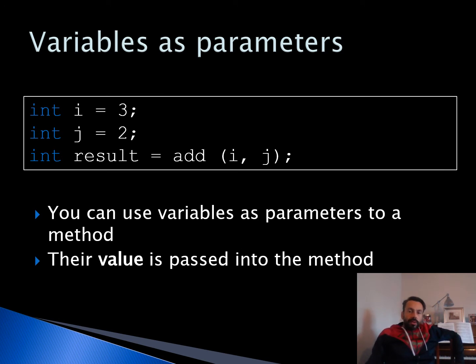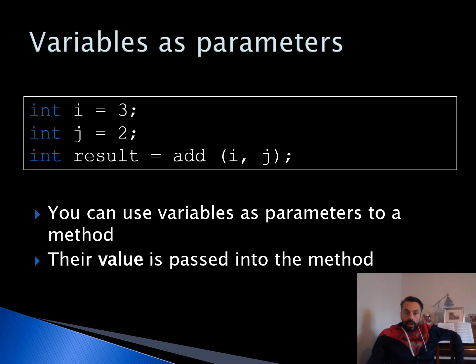Okay, so variables as parameters. You can of course pass in variables as parameters, and that's a bit more in terms of programming power and reusability. So you get int i equals 3, int j equals 2. So int result equals add(i, j), and that's absolutely 100% legal. So you can use variables as parameters to a method, and their value is passed into that method.